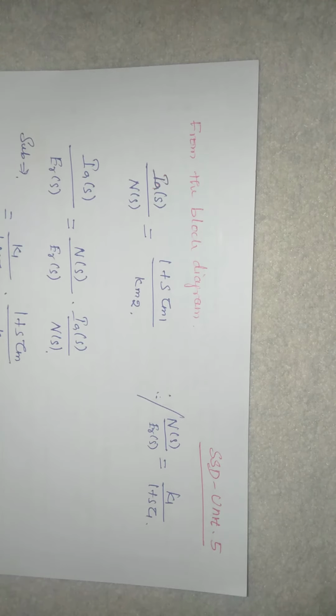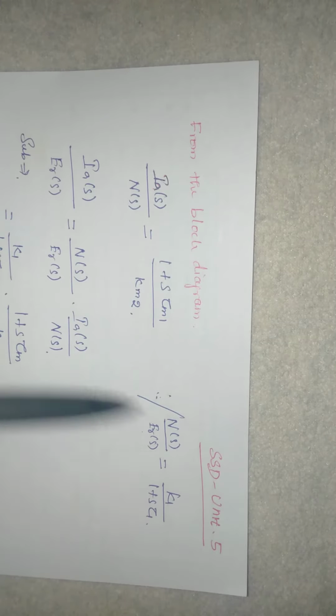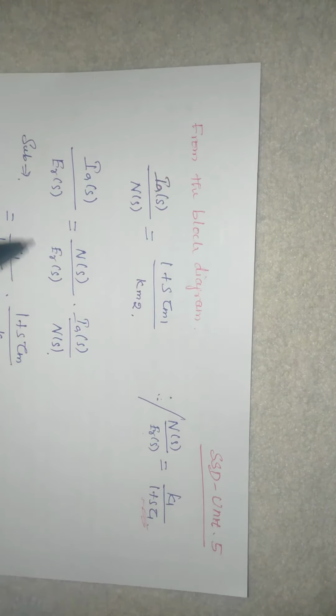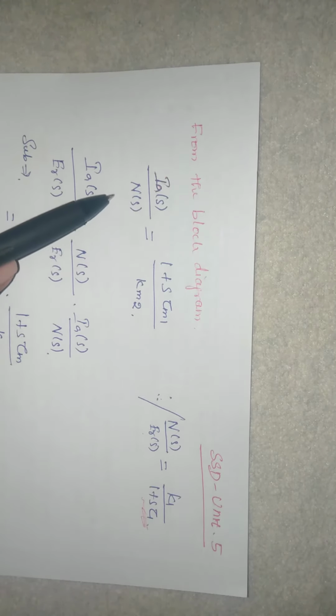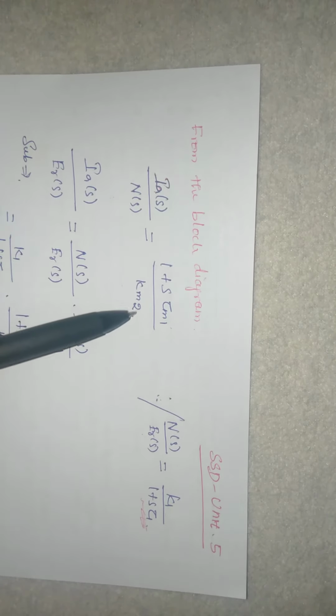Then from the block diagram we could identify one thing, Ia(s) divided by N(s), that is 1 plus s tau m1 divided by Km2. Already we know that N(s) divided by Er(s) is K1 divided by 1 plus s tau 1, which we derived before. So we already studied that Ia(s) divided by N(s) is 1 plus s tau m1 divided by Km2.